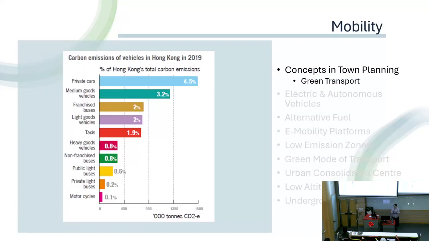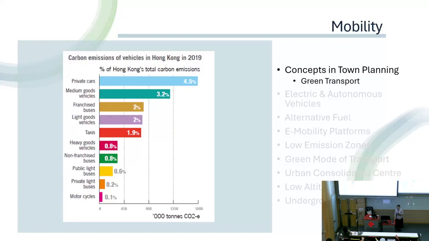In the concept of town planning, a lot of the carbon emissions come from private cars. Then you've got the normal goods vehicles, buses and taxis and all that sort of stuff. So in town planning, we're trying to reduce the number of cars on the road in general.